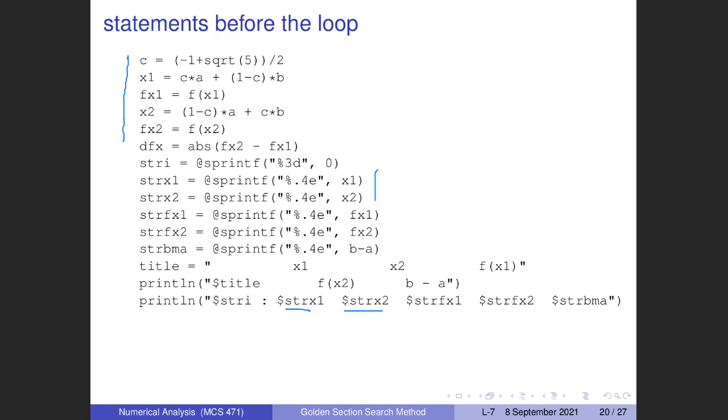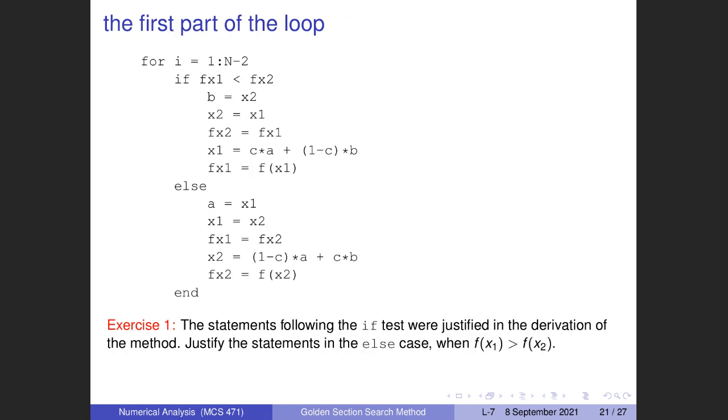All right, so this is before the loop. As you can see, there are 4 or 5 essential instructions. The other instructions concern the nice printing.